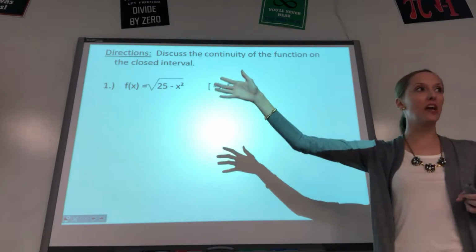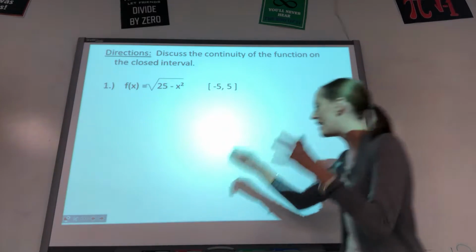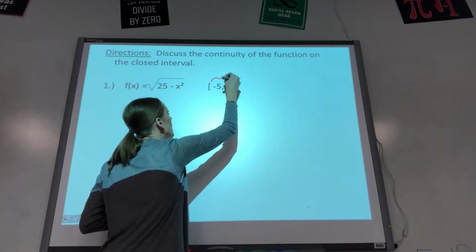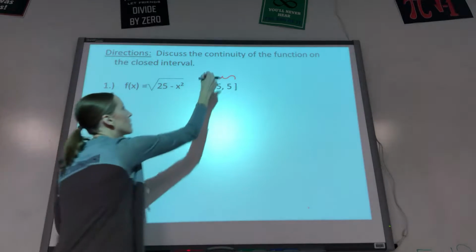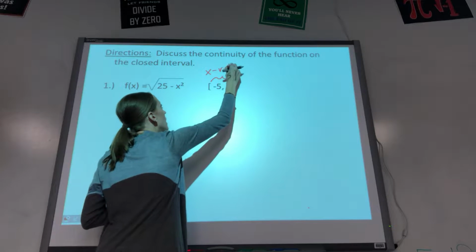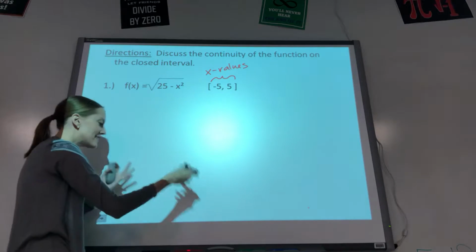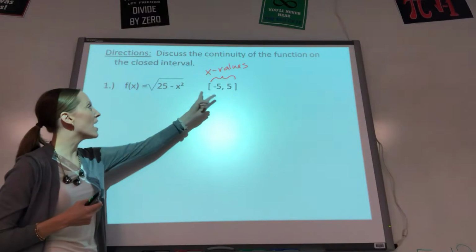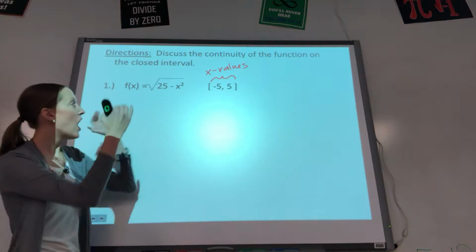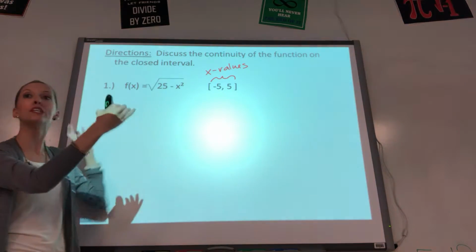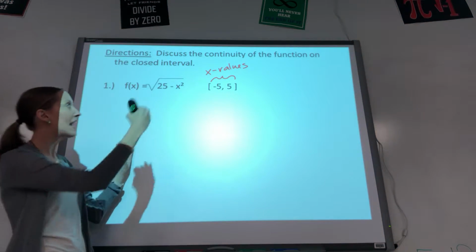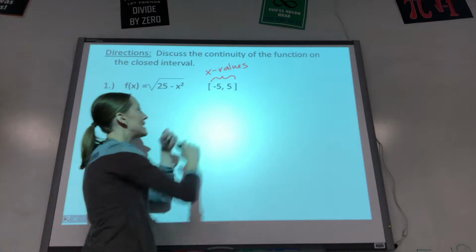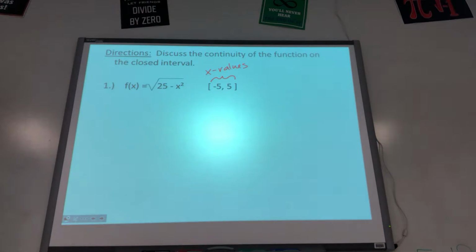You're only looking at what's going on between, and I'm going to point this out real quick here. Anytime they give you an interval, these are your x values that you're supposed to focus on. We are only focused on the x values between -5 and +5 and equal to -5 and +5 since there are brackets.